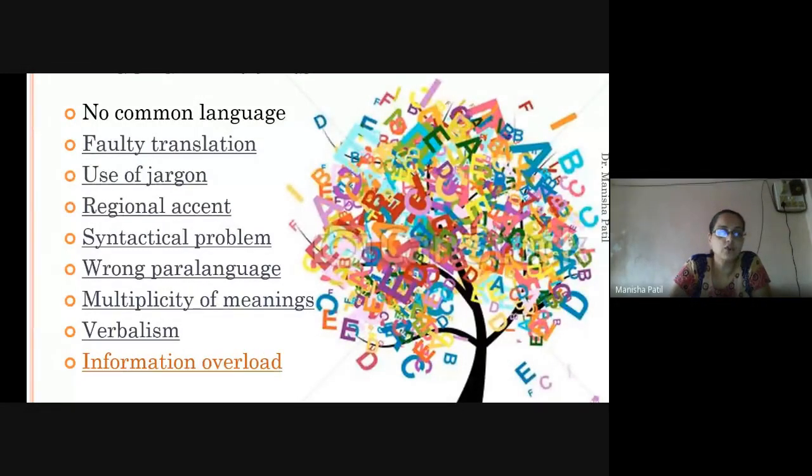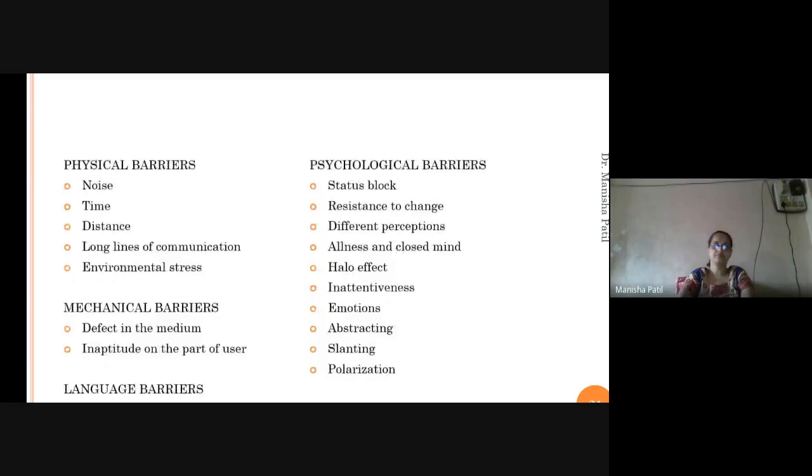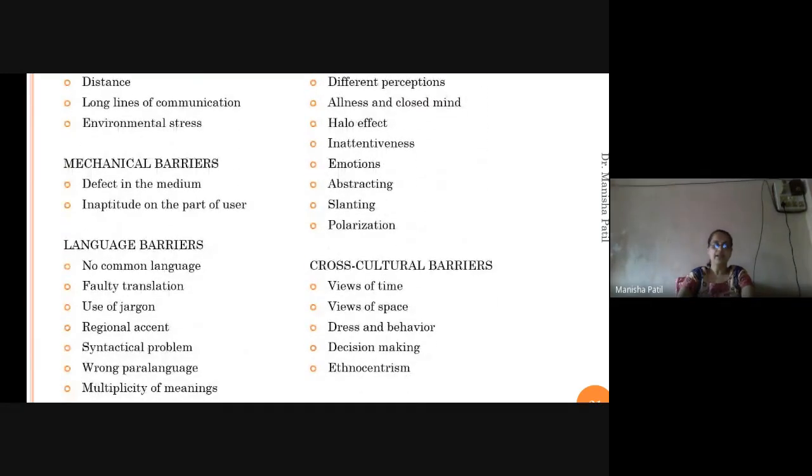Next, information overload. If I show you this particular slide, there is so much information over here. This is known as information overload. We have done till here, and still this much is to be done.